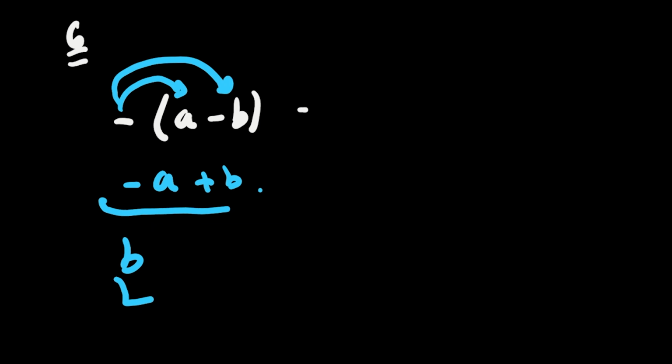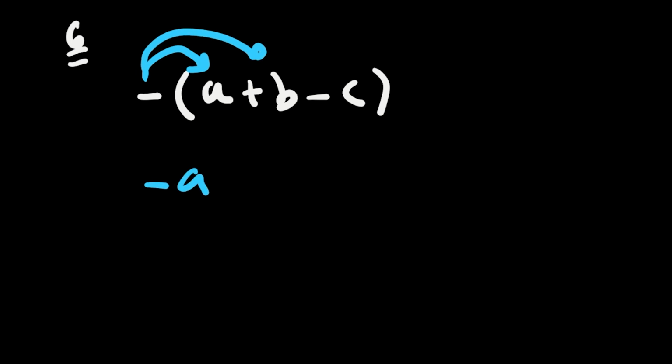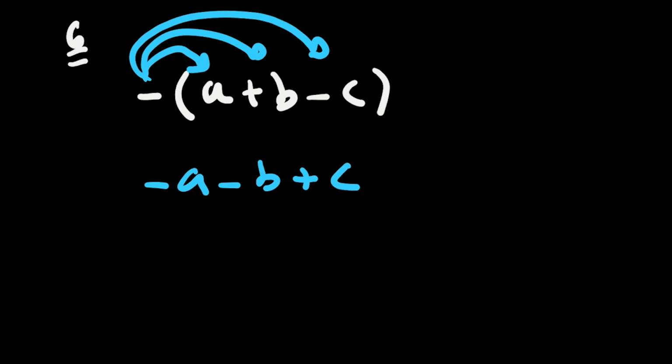We can expand this property. We can take more than 2 terms. So we can say minus a plus b minus c. That would equal, when we are distributing this minus, multiplied by positive a it will be minus a, minus multiplied by a positive b would be minus b, and minus multiplied by negative c will be a positive c, because minus multiplied by a minus is always a positive quantity.